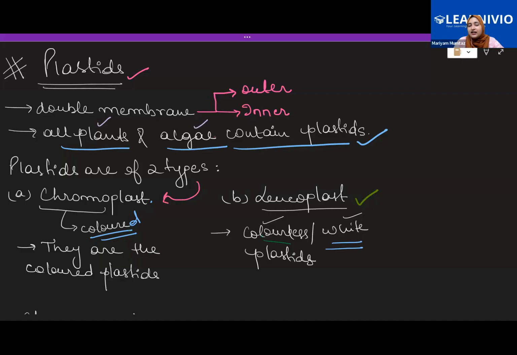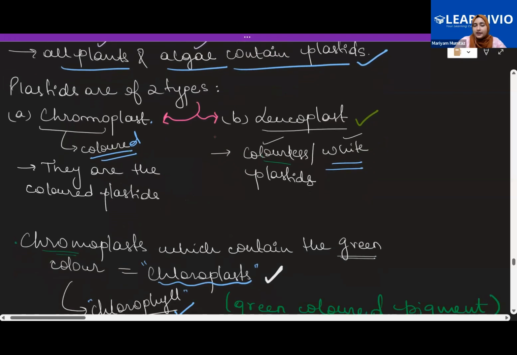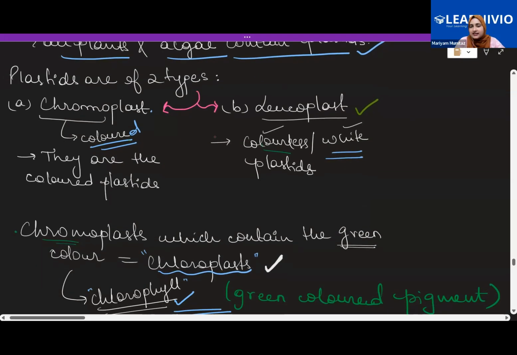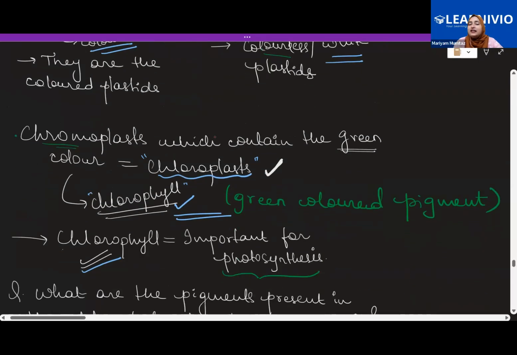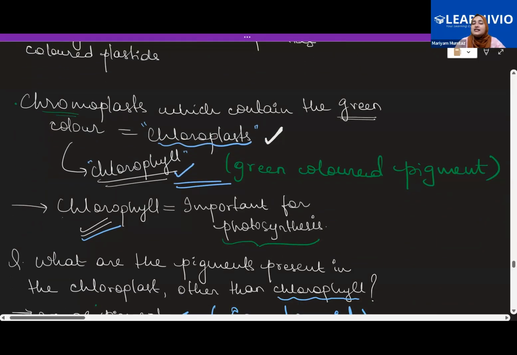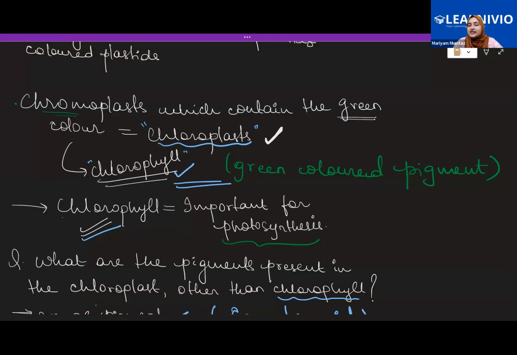And if it is a colorless plastid, you will call it a leucoplast. So chromoplasts are the colored plastids, and leucoplasts are the colorless or the white plastids. Now, those chromoplasts that have the green color pigment called chlorophyll, this pigment is present in the chloroplast. So, the green colored chromoplast is called chloroplast. Clear?